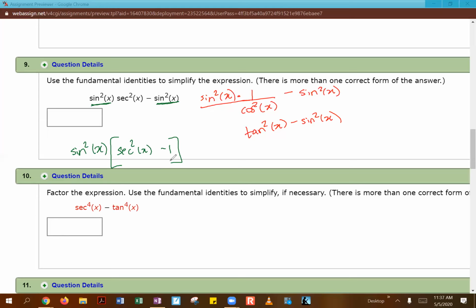Tangent squared? Yeah, tangent squared plus 1, or 1 plus tangent squared. Well, no, because you're taking the minus to the other side, right? So shouldn't this just become tangent squared? Yeah. So then you would end up with sine squared x multiplied with tangent squared x.